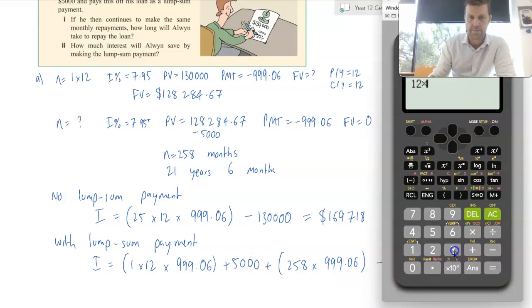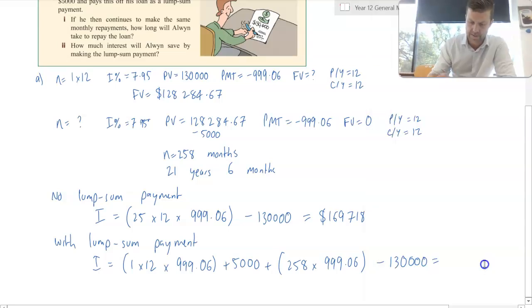It's 12 times 999.06. We're going to add the $5,000. And we're also going to add an extra 258 months of the minimum repayment as well. From that, we're going to subtract the initial principal, the amount he borrowed, to give us $144,746.20.